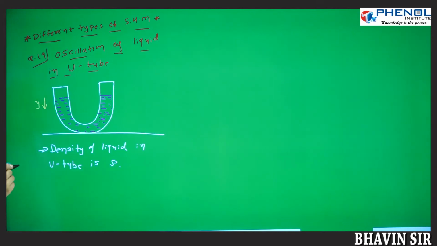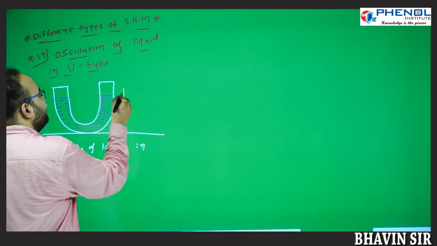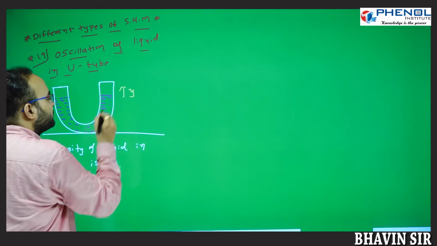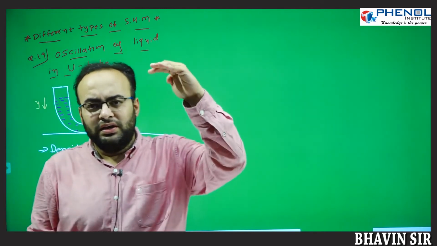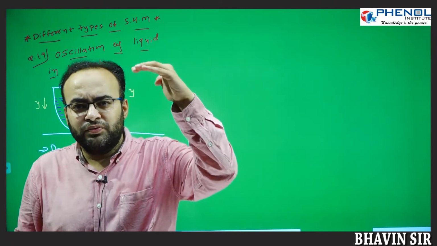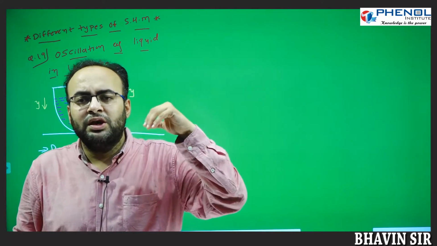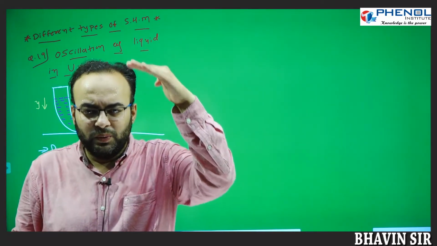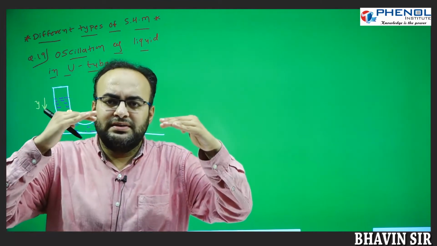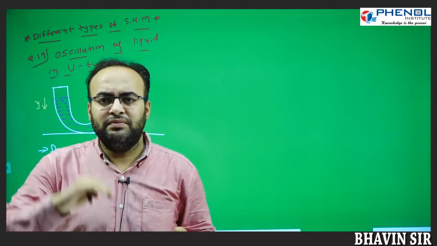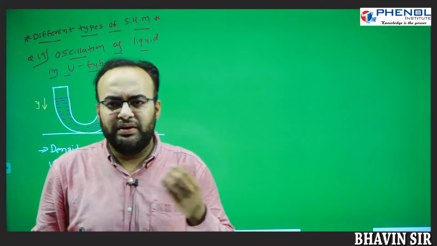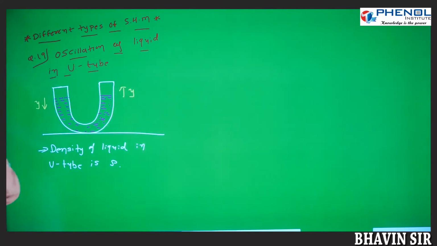So the displacement in the other arm in upward direction is also y. In one arm the liquid moves downward by y, and in the other arm it moves upward by y, due to the pressure difference.